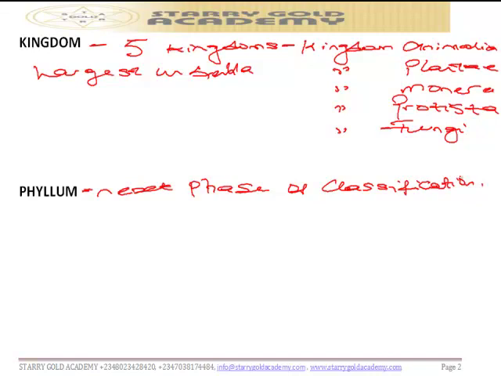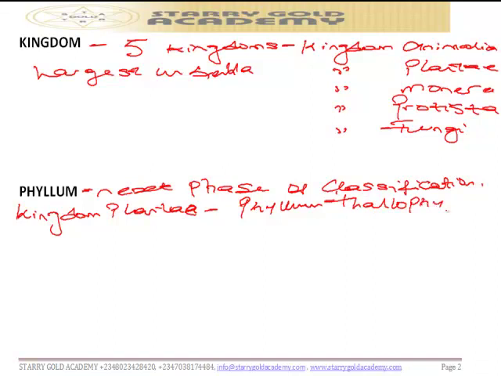In the kingdom Plantae, we have three phyla. We have phylum Thallophyta. All these phyla have each of their own characteristics.